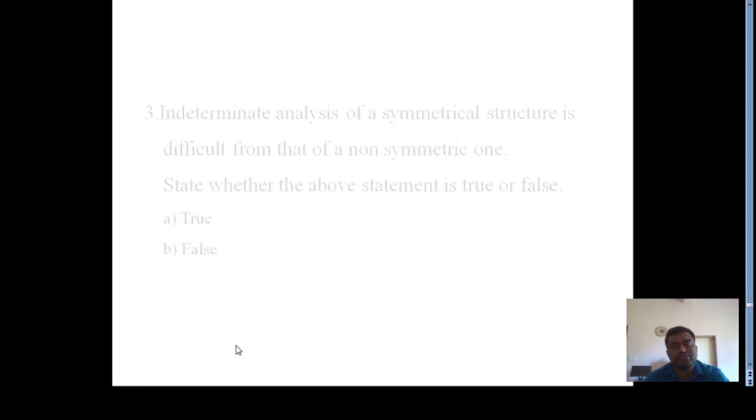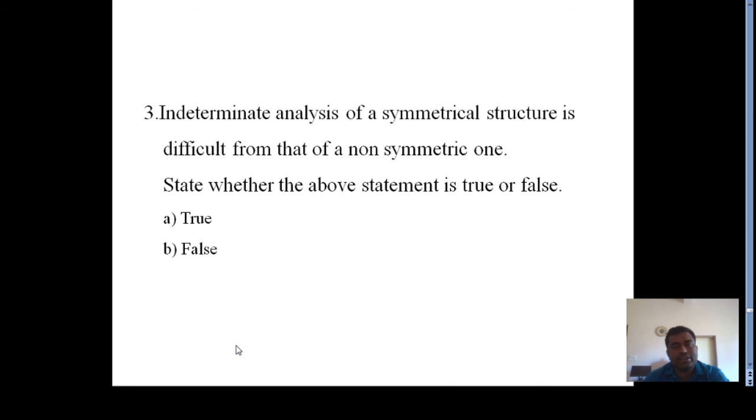Then coming to the next question. Indeterminate analysis of a symmetric structure is difficult compared to that of a non-symmetric one. State whether the above statement is true or false. What does it mean? You clearly read this statement.